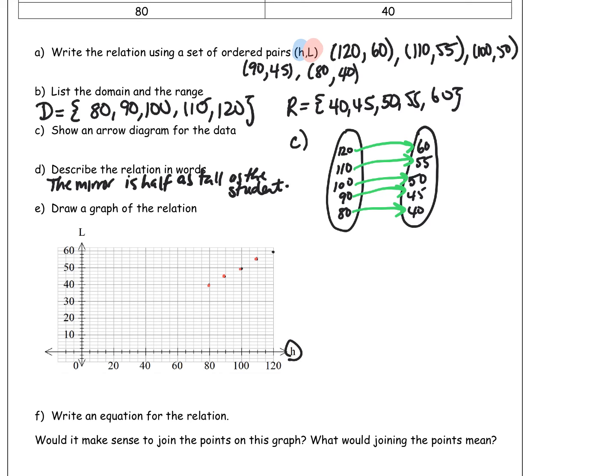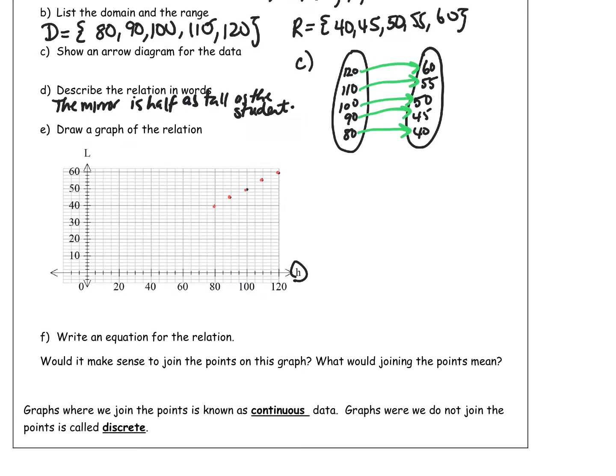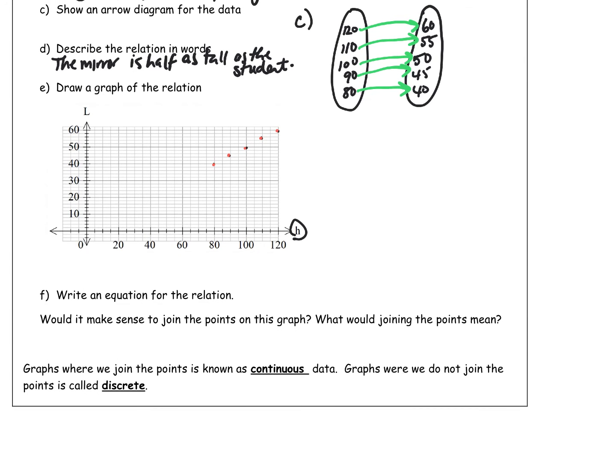Okay, now I'm just going to jump down to after F. It says, would it make sense to join the points in this graph? So we have two kinds of sets of information. We have what's called continuous and discrete data. We'll come back to the equation in just a second, but continuous is when I would draw a line between the points, and discrete means I leave it as points.